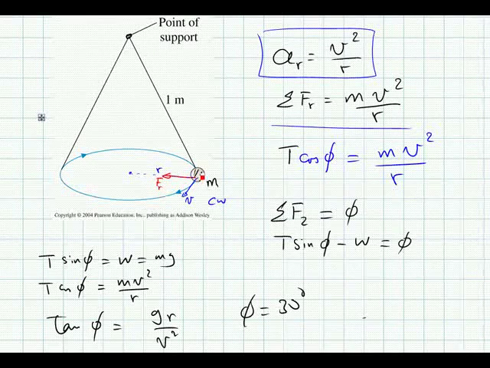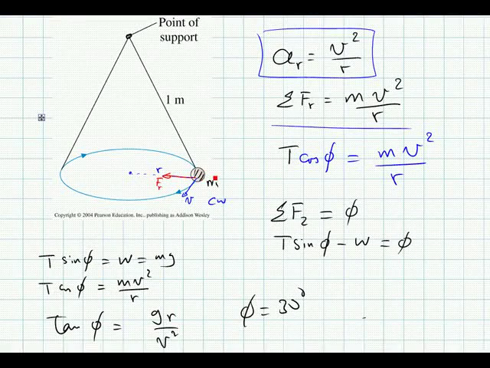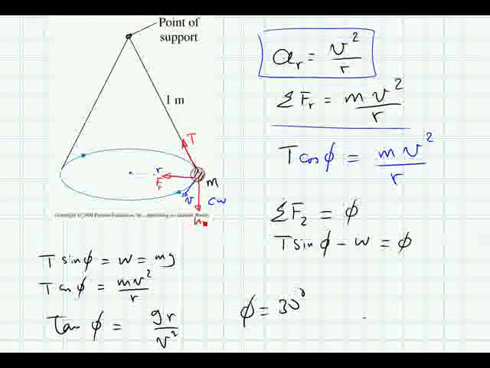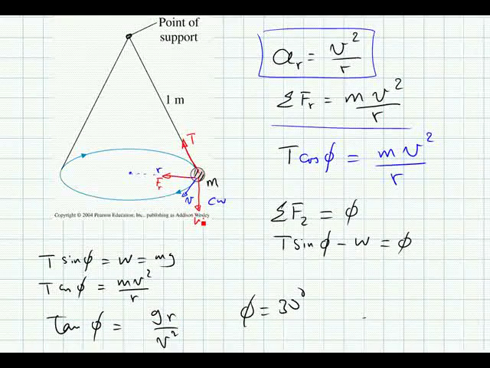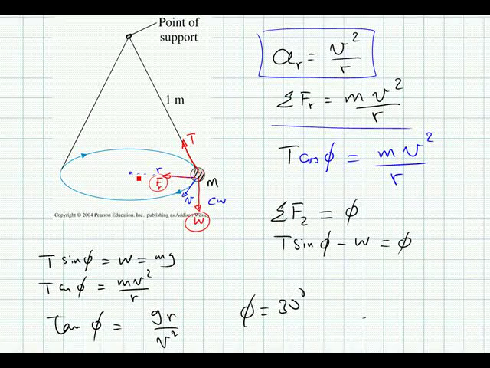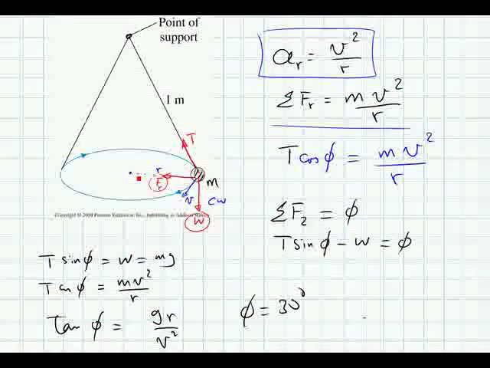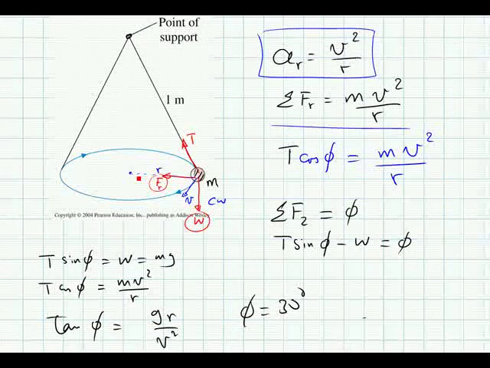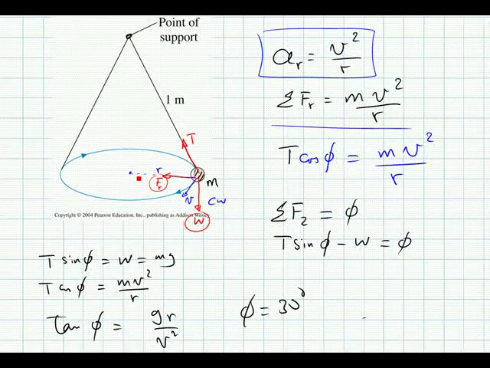If you look at all the forces acting on the object, what are they? We have the tension in the string, and we also have the weight of the object acting directly down. W and r are orthogonal, so obviously weight cannot contribute anything in the radial direction.